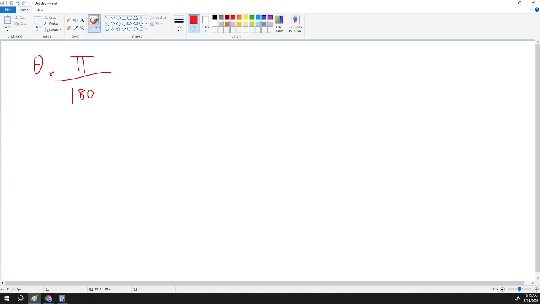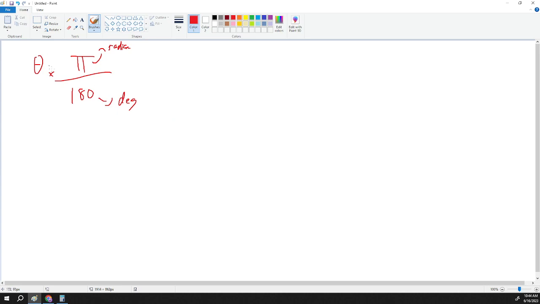So, the easiest way to remember this is whatever is on top is what you need. Pi is always equal to radian. The 180, you can always think of it as degrees.